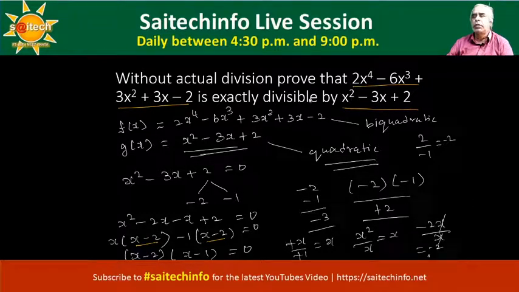One polynomial is f of x, given as 2x power 4 minus etc., a biquadratic polynomial. The other is g of x, x squared minus 3x plus 2, a quadratic polynomial, because the power of x is 2.